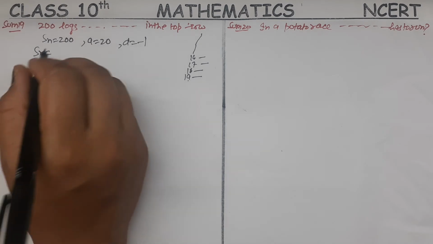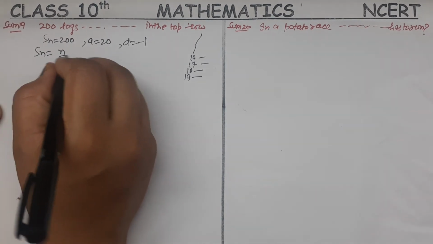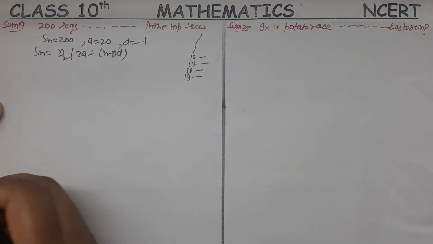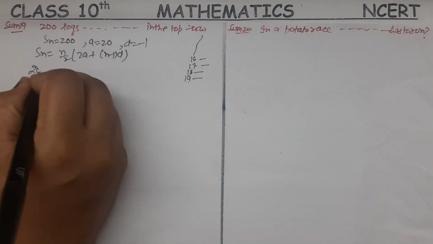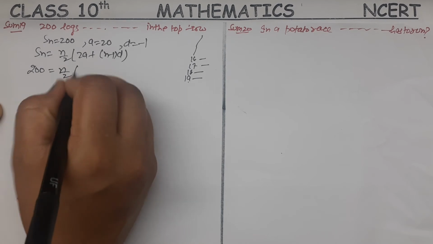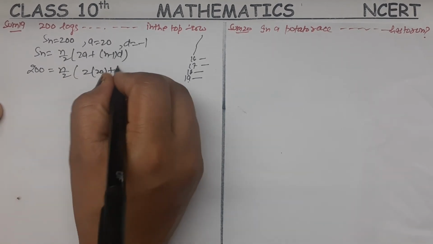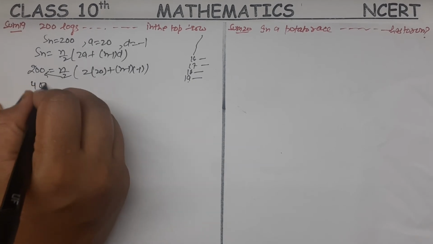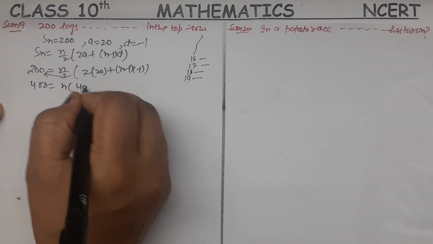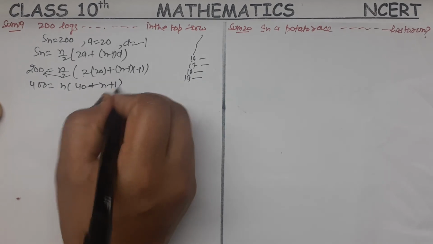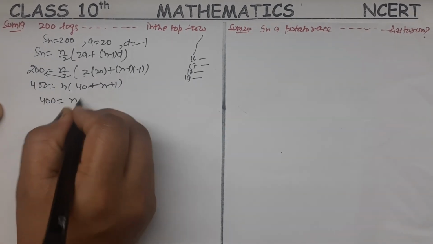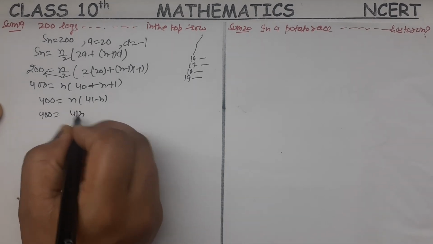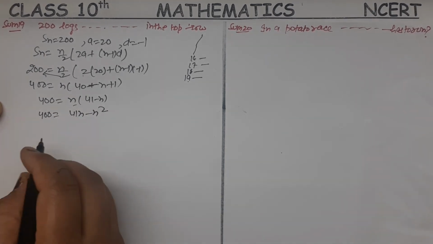Apply the formula which we know: Sn equals n by 2 times (2a plus (n minus 1)d). Values: multiply 400, 40 minus n plus 1, 41 minus n. Now multiply it by 1, n.